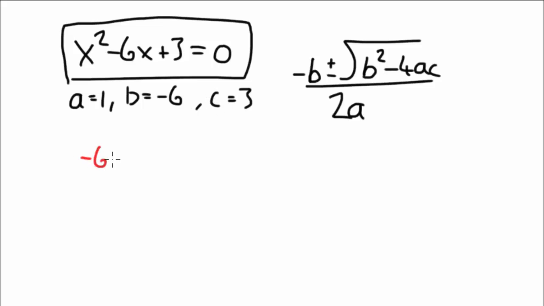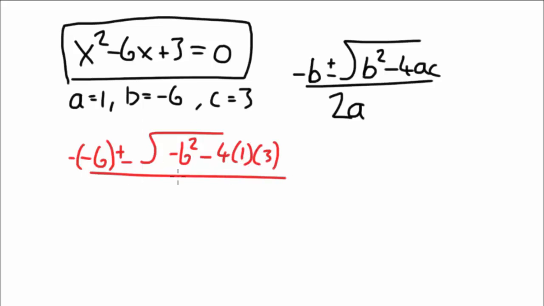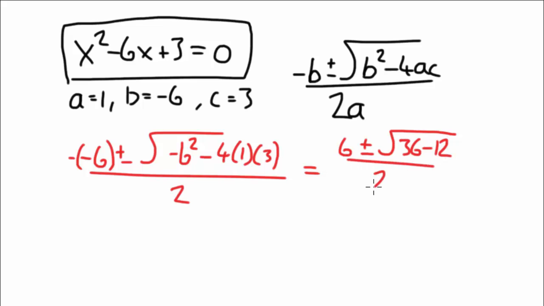So minus -6, plus or minus the square root of 6 squared minus 4 times 1 times 3, over 2 times 1. Okay, so minus -6 gives you 6, plus or minus the square root of 36 minus 12, divided by 2.